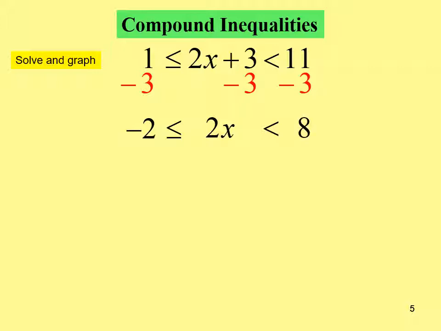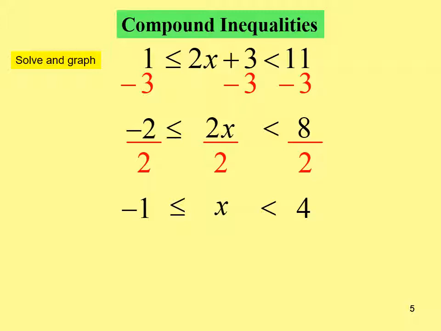To get the x by itself in the middle, we need to divide through by 2 in all 3 parts. On the left, -2 divided by 2 comes out to be -1. In the middle, we have our x, and then on the right, we have a 4.